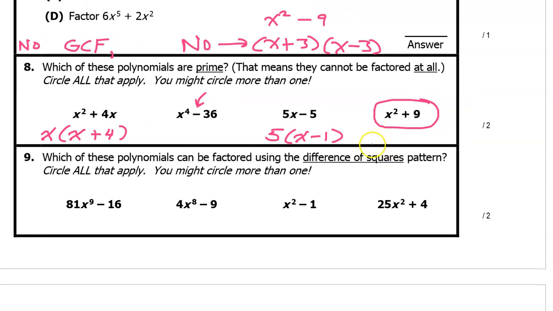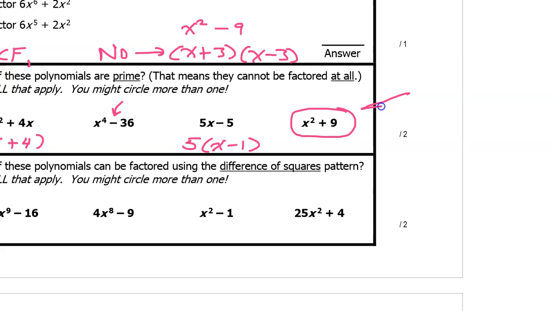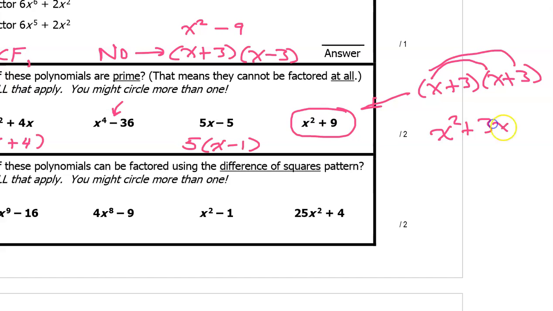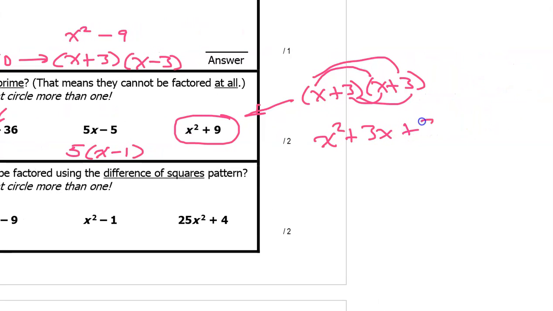Some students think that you can factor this by doing x plus 3 times x plus 3. But the reason why that doesn't work is because if I do the distributive property with the x, I'm going to get x squared plus 3x. If I do the distributive property with the 3, I'm going to get 3x plus 9.